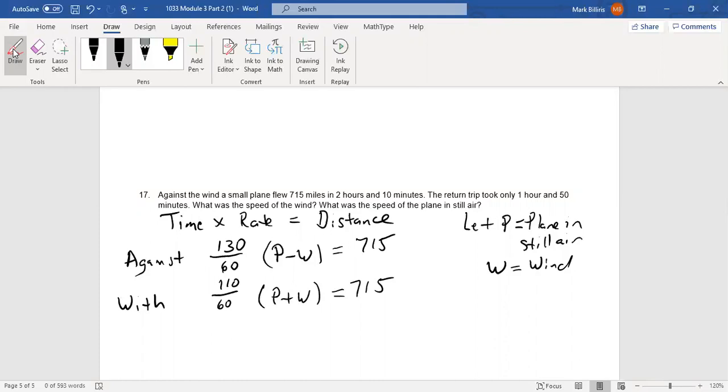So just like we talked about before, when we solve an equation where the coefficient is a fraction, we can multiply by its reciprocal. So what I'm going to do is multiply both sides by the reciprocal of that time. So I'm multiplying the first one by 60 over 130, and I'm going to multiply the second one by 60 over 110.